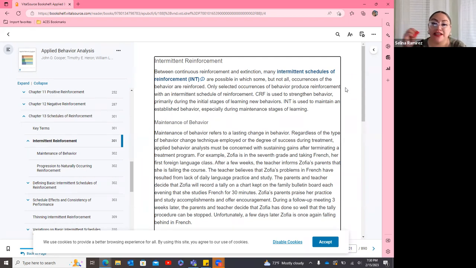We're going to start fading our reinforcement out, and we're no longer going to provide reinforcement every time teacher says clap hands. He's already learned that skill, so that's no longer necessary. That's when you start to move on to intermittent reinforcement.